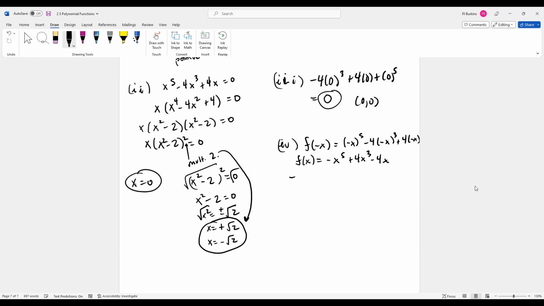So the next thing we want to do is do minus f of x and see if that gives us the answer that we're searching for. That's going to give us minus x to the 5th plus 4x cubed minus 4x. Look at that. Those two are equal. That means that this is odd and it has symmetry about the origin.